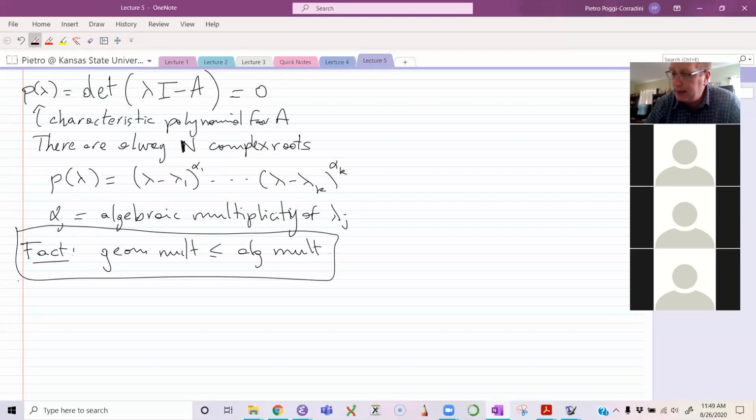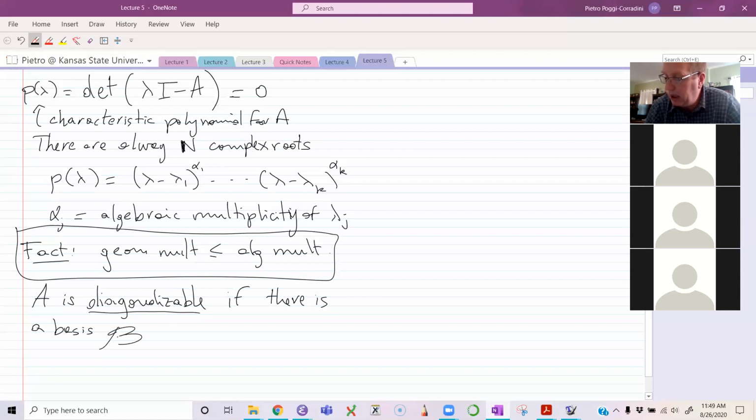So next, what you say that A is diagonalizable, mouthful, if you can find a basis B consisting of n vectors u1 through un of R^n, such that the uj's are eigenvectors.